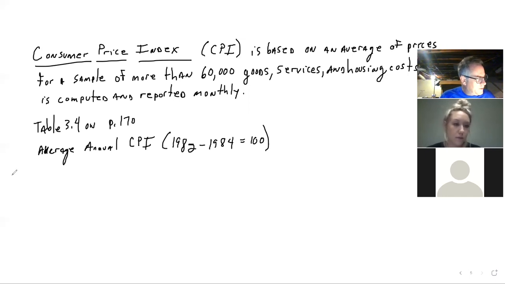Then the table itself, you'll have 2 columns, a year and what the CPI is, that index number.